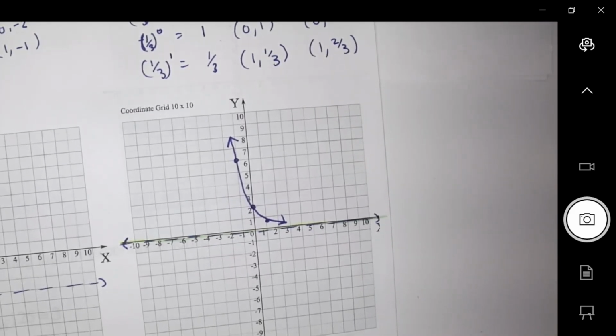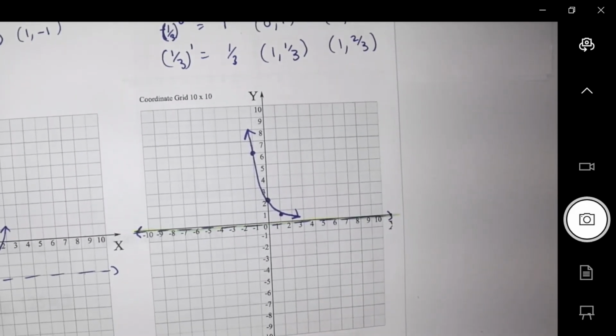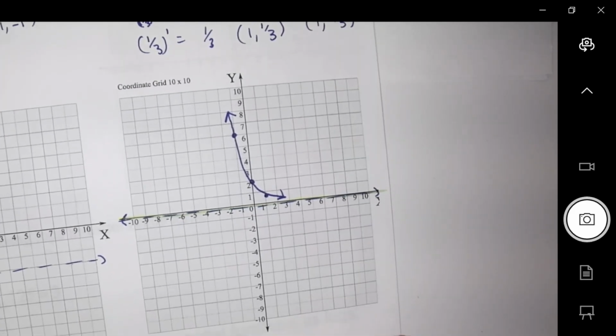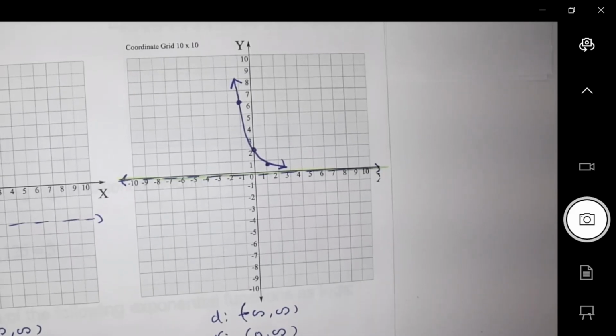Okay, and my function is decreasing because my base was 1/3, which is something that's getting smaller, right? Your population is 1/3 of what it was, so it's getting smaller. Domain range is same domain. Range is 0 to infinite.